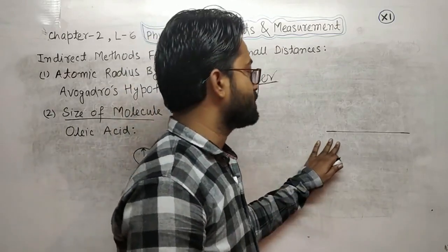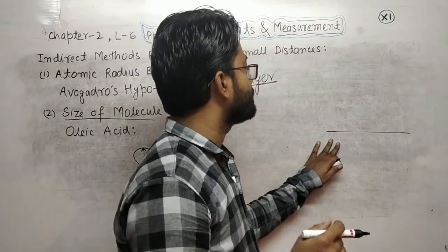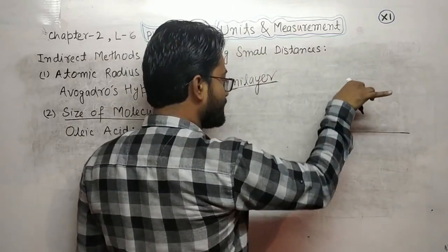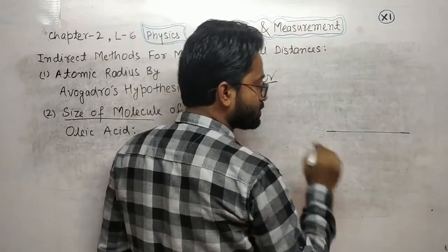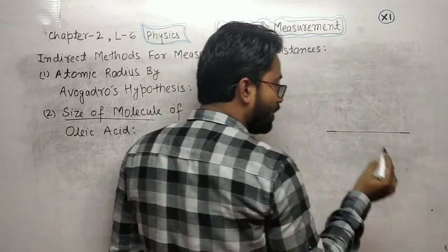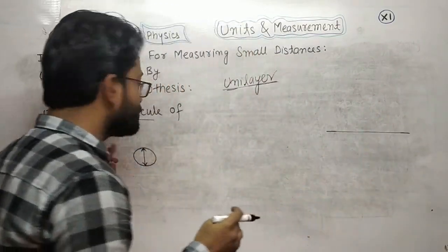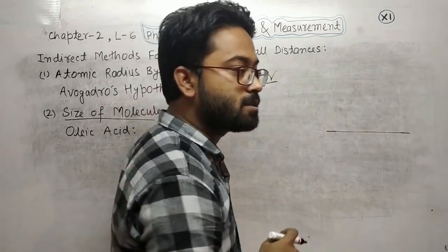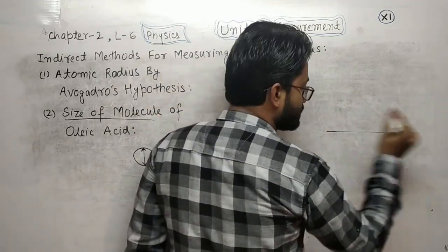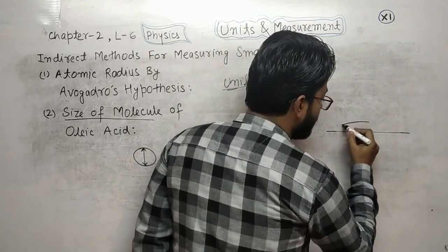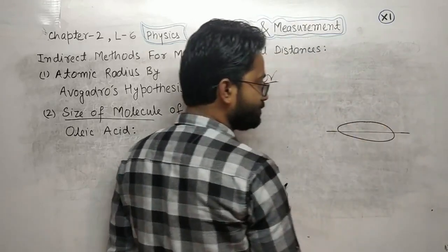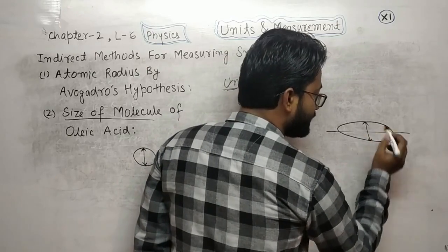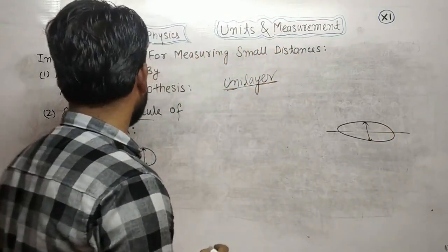Because the water surface is very smooth. Just pour the oleic acid solution on the surface of the water. The oleic acid solution will spread on the surface in a circular area like that. Then you can calculate the diameter, and the diameter will be equal to the size of the molecule.